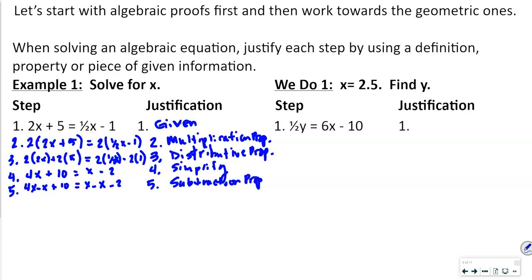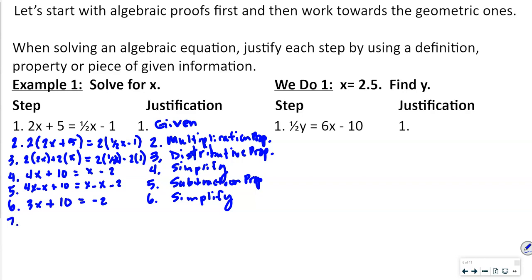Okay, so that gives us, again, we're going to do some simplifying here. So this is going to be 3x plus 10 equals negative 2, right? So didn't we just simplify? That's what we did. Okay, so now what are we going to do next? I think we should subtract 10 from both sides, right?